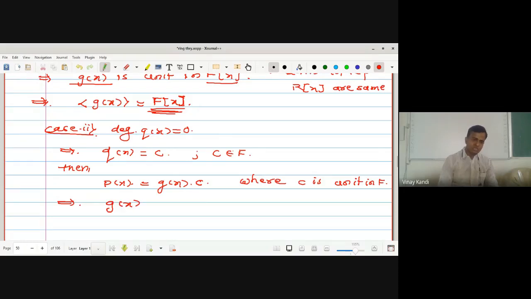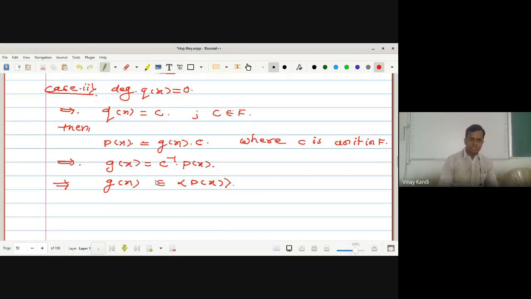So here g of x is equal to c inverse into p of x. So what it implies, g of x belongs to ideal generated by p of x.